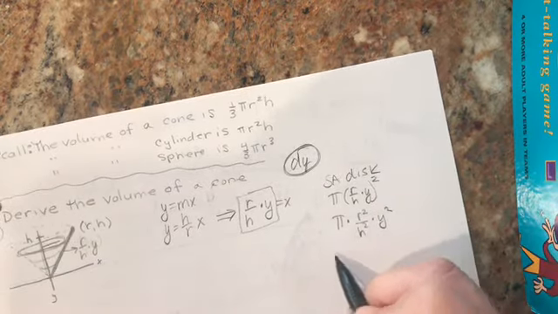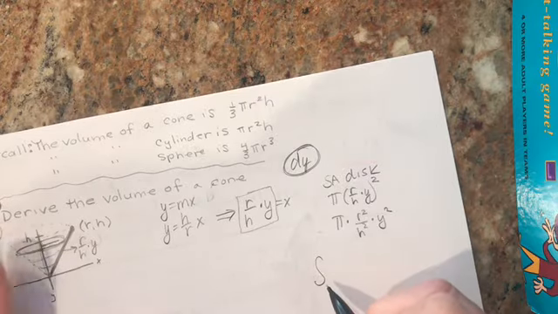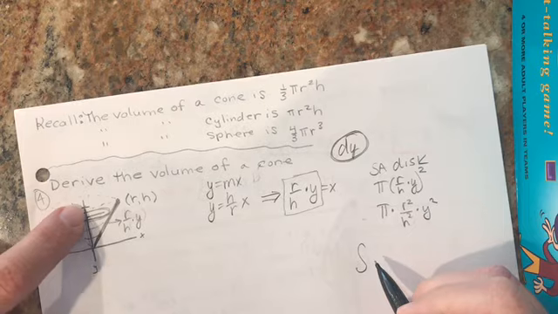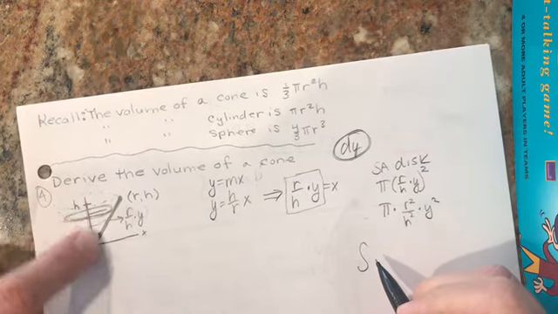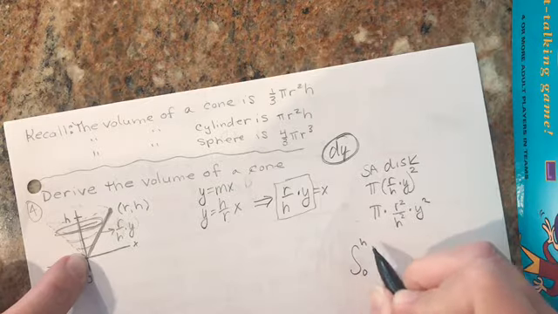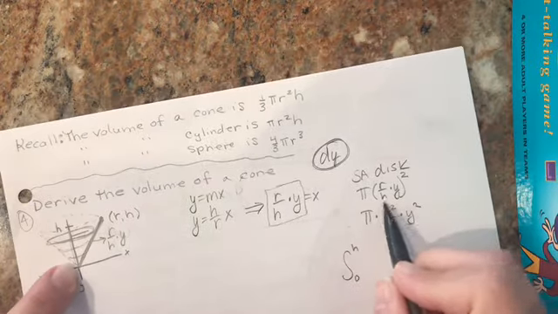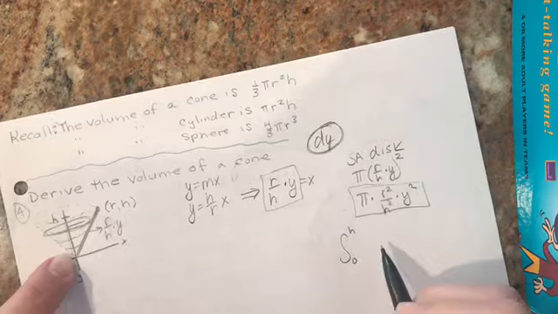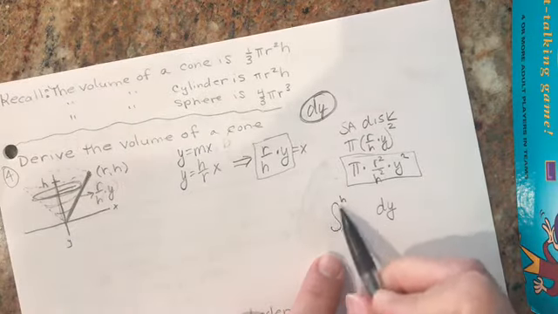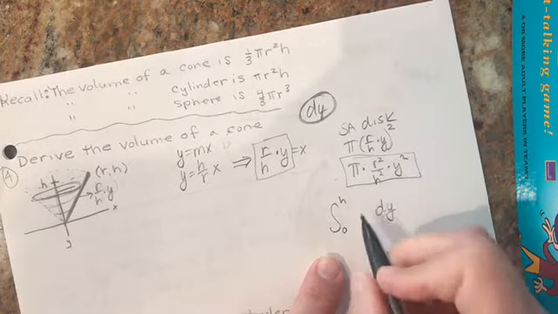And we are going to integrate this. Now this is kind of weird because we don't really have many numbers, but we do know it's from 0 to h. If you look here, that's how high we're going, and we're starting right here at this point 0. So we're going to integrate from 0 to h. Now we're going to do this in terms of y, so the only thing you need after the integration symbol is anything dealing with y.